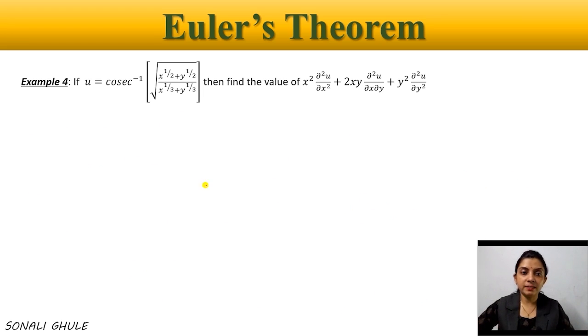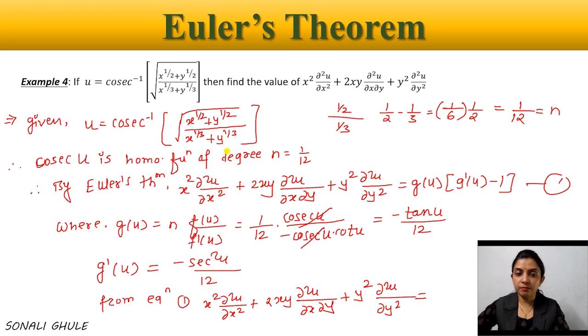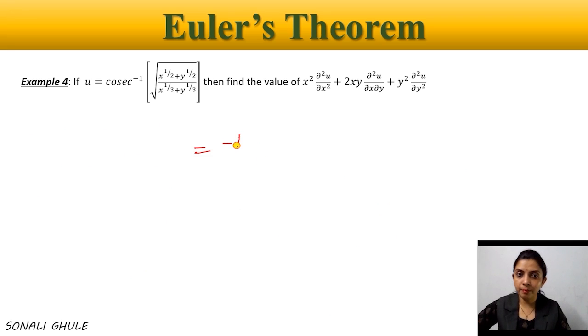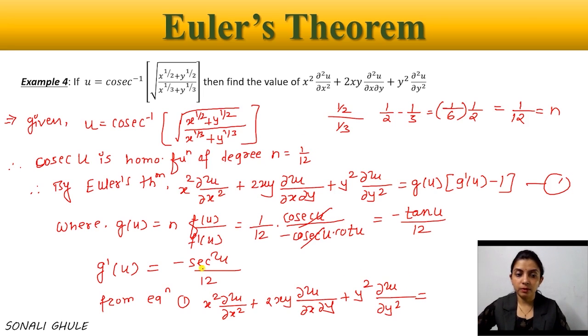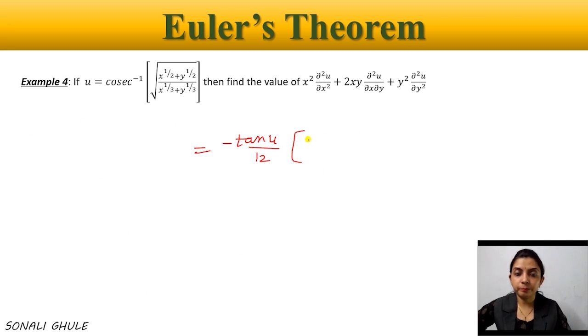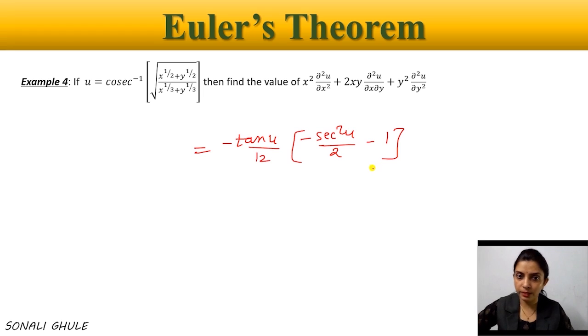So what is the value of g of u? Yes, it is minus tan u upon 12. So I can write minus tan u upon 12 in bracket g dash of u, minus sec square u upon 2, minus 1.